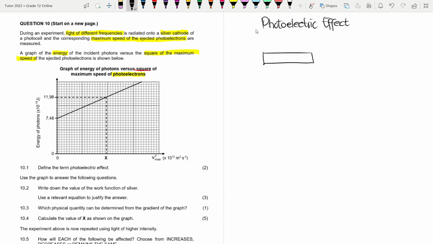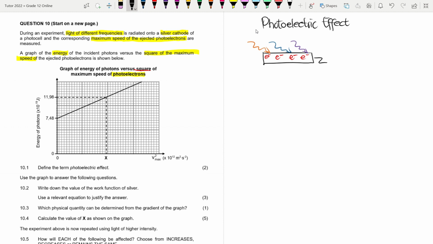There's only just a few things to know here. You have your metal, which contains electrons inside. You have a photon of light of different wavelengths. I'll do the orange light, then the blue light, then the ultraviolet light.